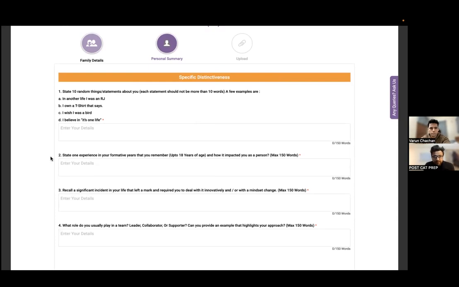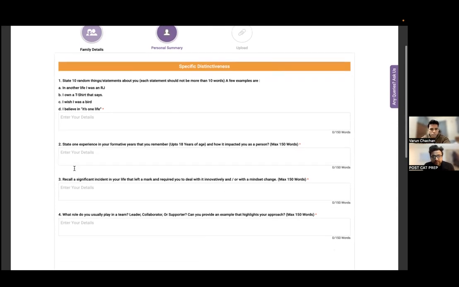Right. State one experience in your formative years, up to 18 years of age, that you remember and that impacted you as a person. Varun, how do you look at this? Right, sir. I think we can recall any of our past experiences where we had to show some quality, be it leadership quality, or where we got an important learning from it.